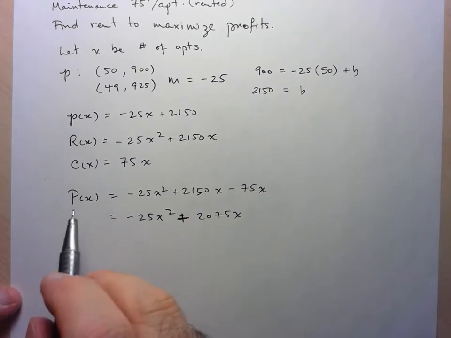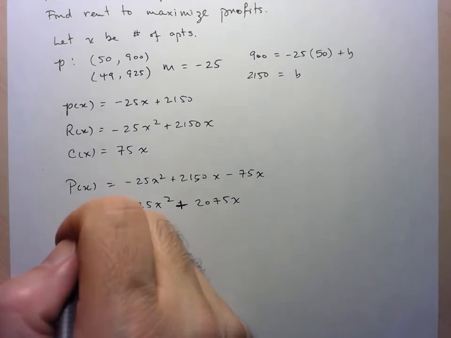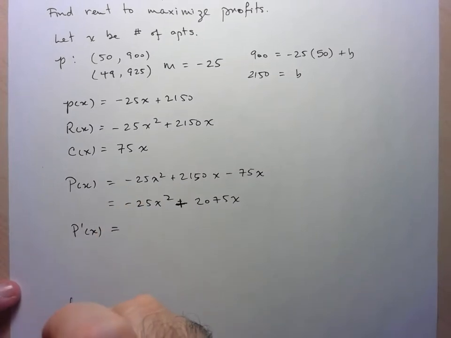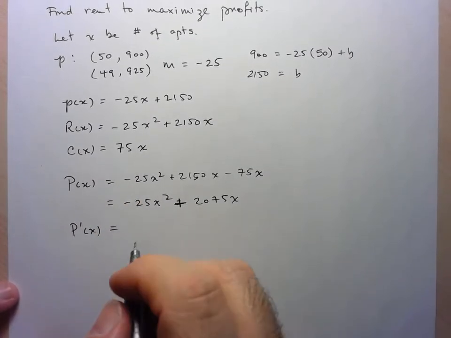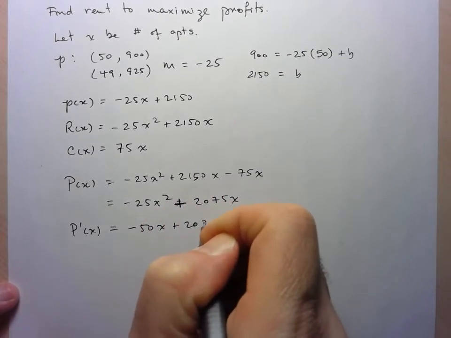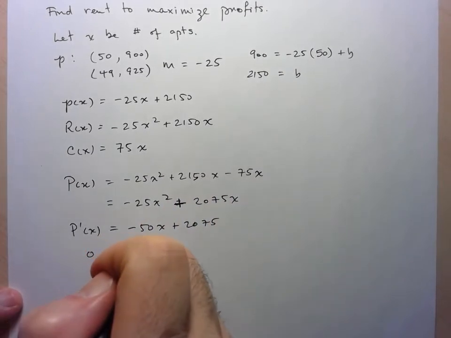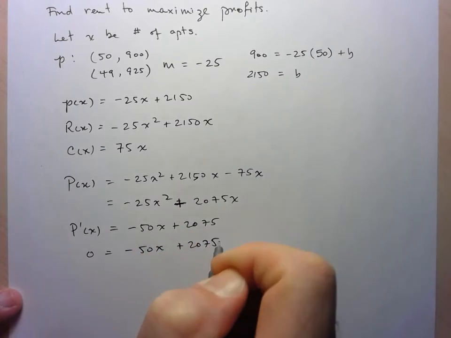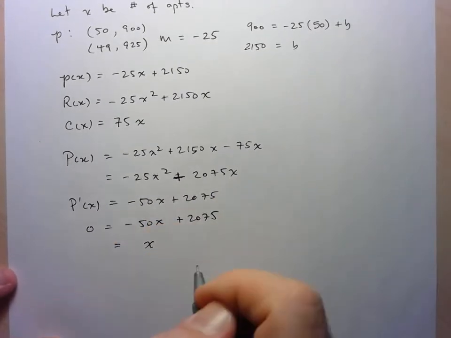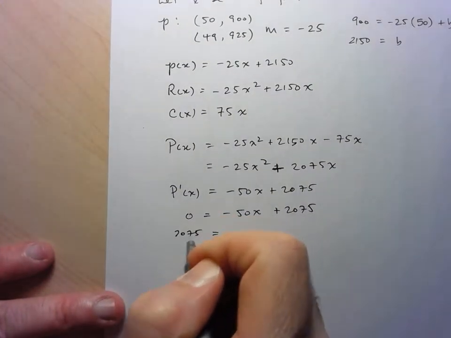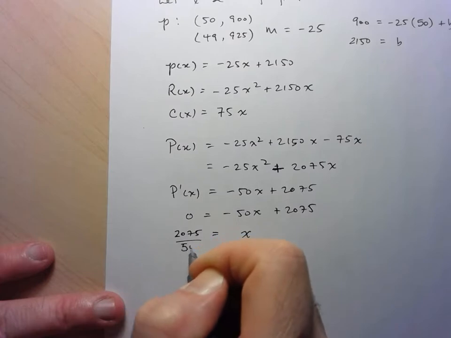Now notice that this is a quadratic with a negative leading coefficient, so it does make sense to find a maximum profit. The critical point that we find will have to represent a maximum because of the type of function it is. So here we have the derivative, -50x plus 2075, and we make that equal to 0. So x is equal to 2075 over 50.